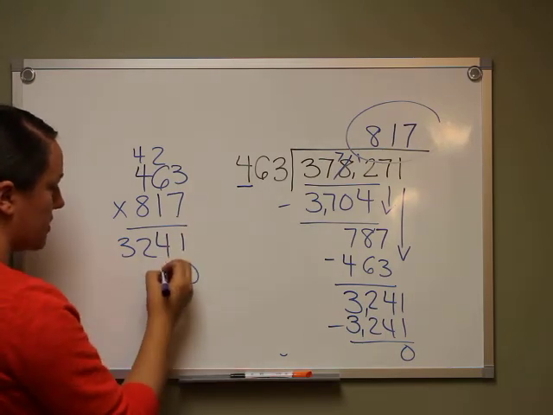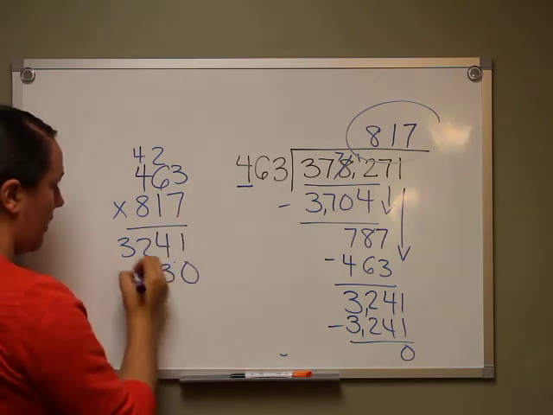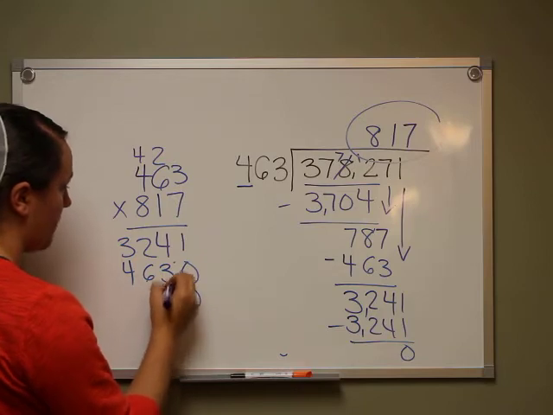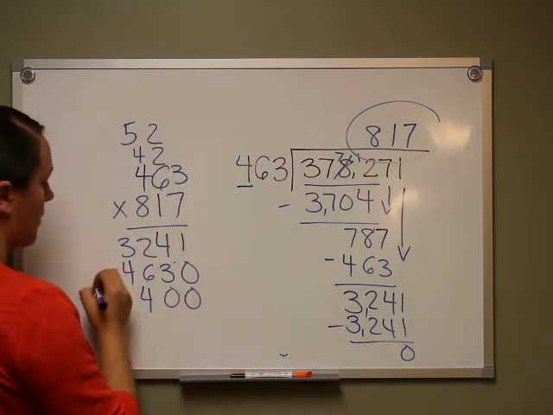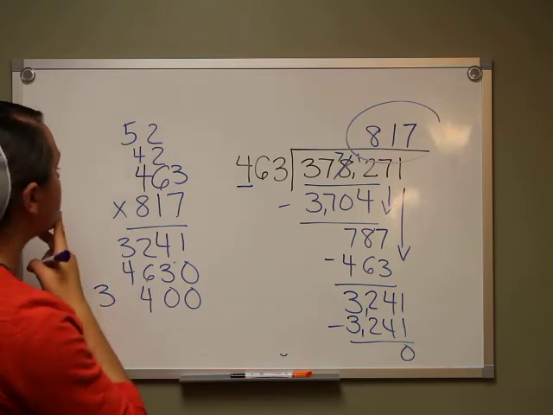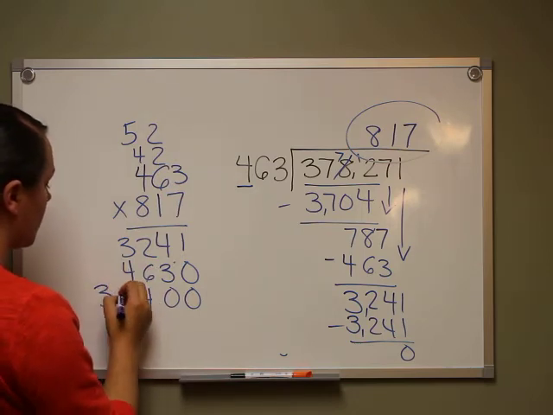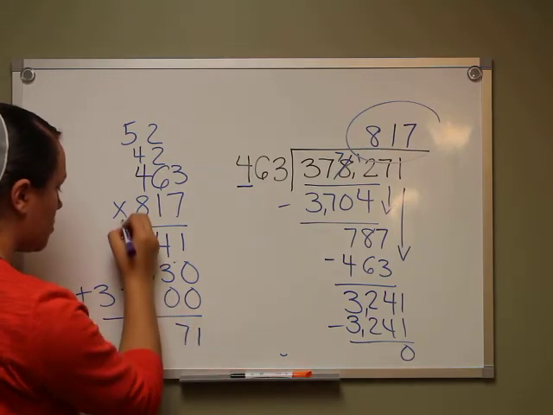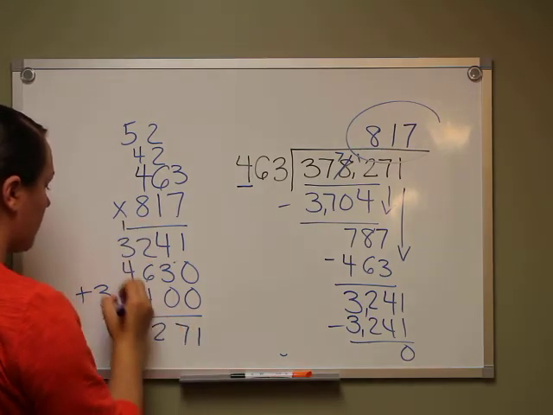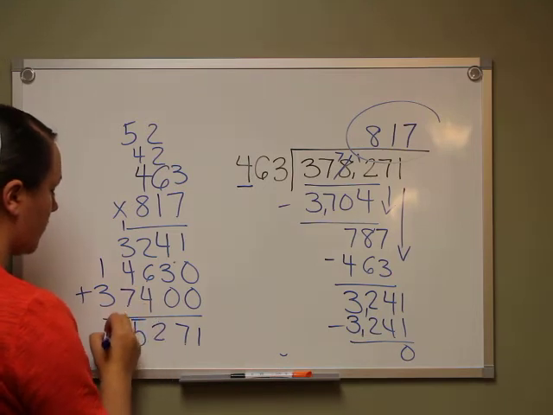Now we're going to multiply by our 1. And last of all, multiply by our 8. Okay, so we have 1, 7, 12, 15, and 4.